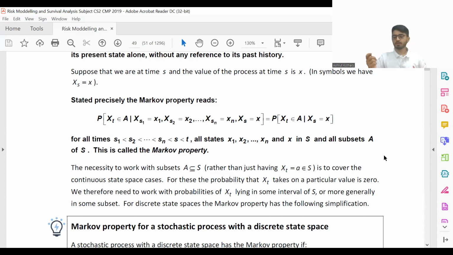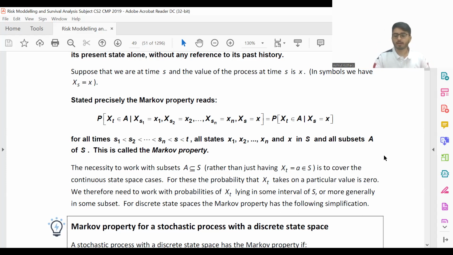Again, just keep in mind, if in the question some explicit details have been given whether the state space is continuous or discrete, you need to modify your formula accordingly. The one which you have written down is applicable in case of a discrete state space. Here, this is applicable in case of a continuous state space. And now let us try to make sense.